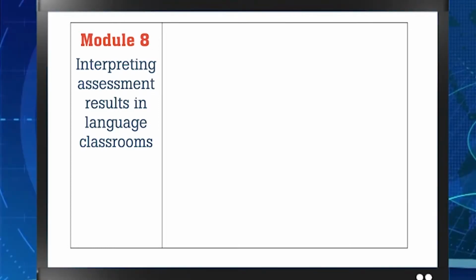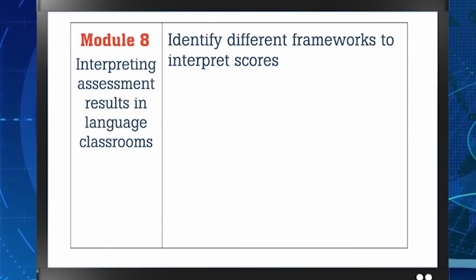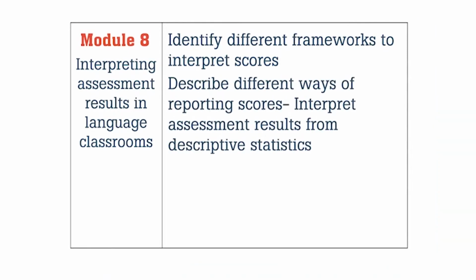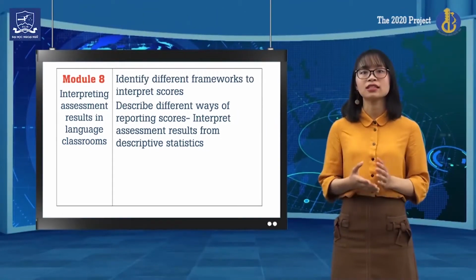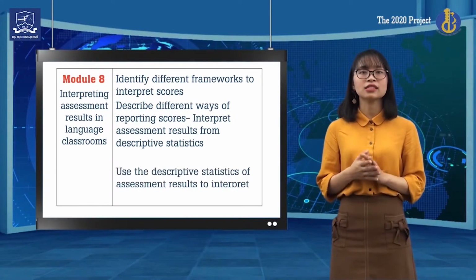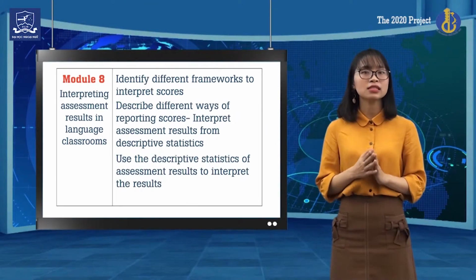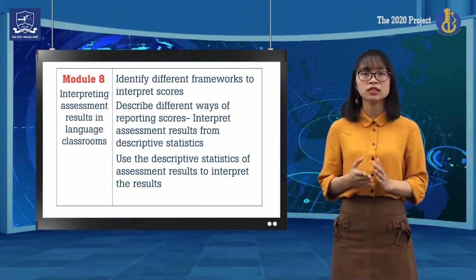Okay. Well, Module 8 discusses different frameworks to interpret scores and different ways of recording scores. It also instructs you how to interpret assessment scores from descriptive statistics. Additionally, you are expected to understand how to use descriptive statistics of assessment results to interpret the results.